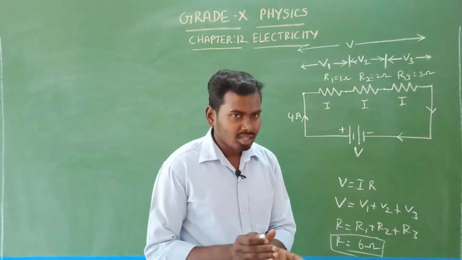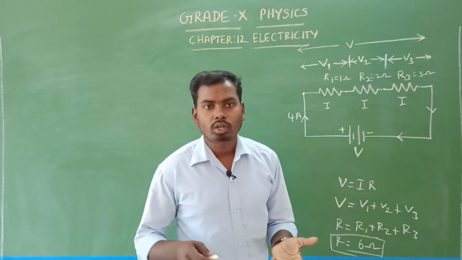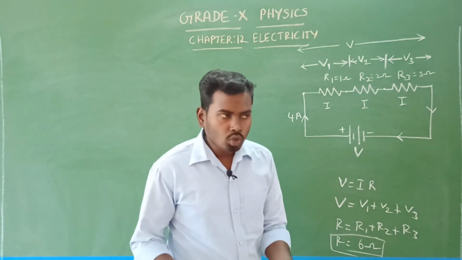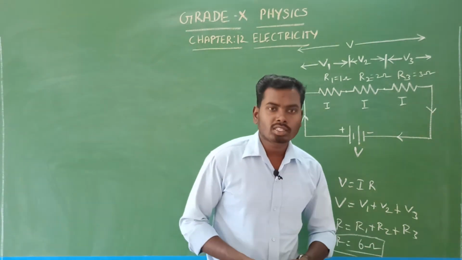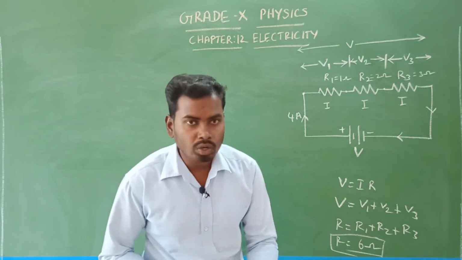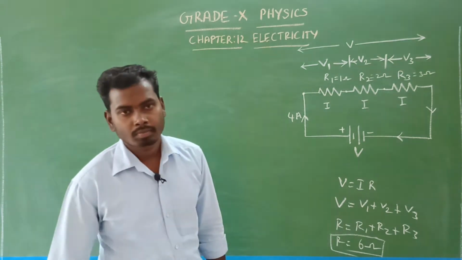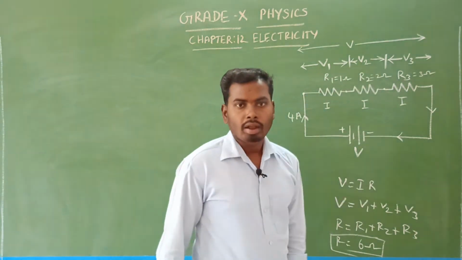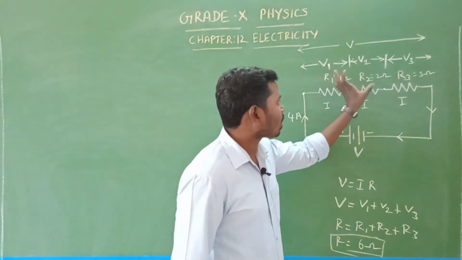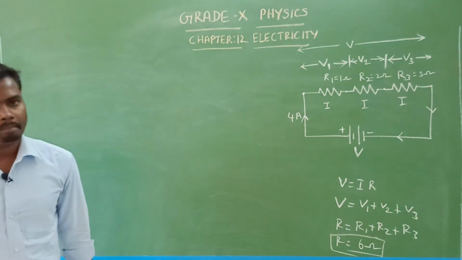You just add all the resistor values. When two or more resistors are connected in series, the total resistance is equal to the sum of individual resistance values, which means total resistance R equals R1 plus R2 plus R3. Very, very easy.